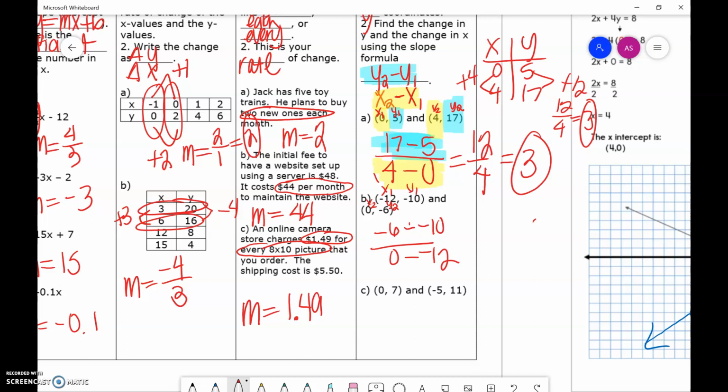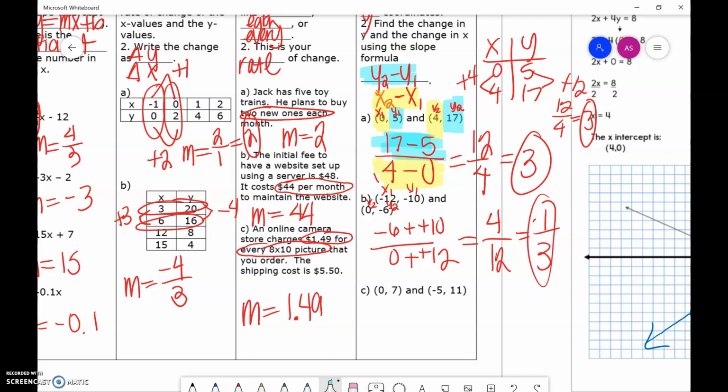So now we're looking at -6 plus 10, which is going to be 4 for my numerator. Then same thing here, we have a double negative, so I'm looking at 0 plus 12, which will be 12. Then from here, I'm going to just simplify. So I have 1/3, and that's my slope.